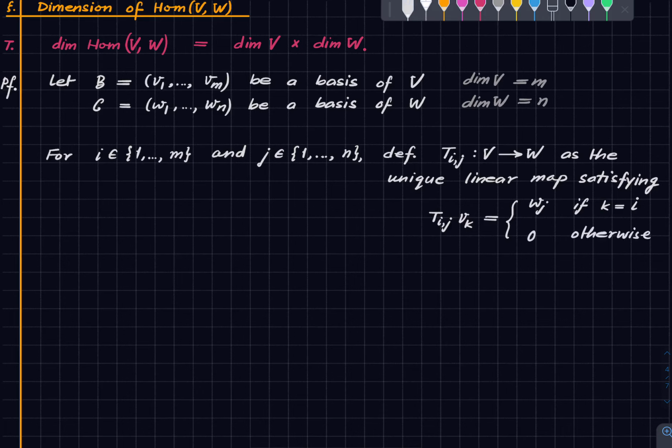Okay. So again, why are we defining things this way? This will be clearer once you substitute n equals 1.